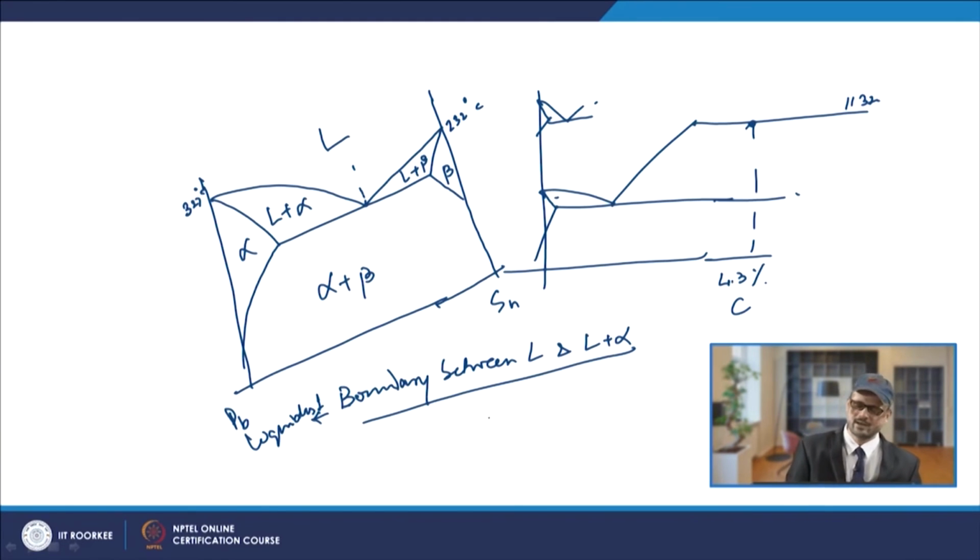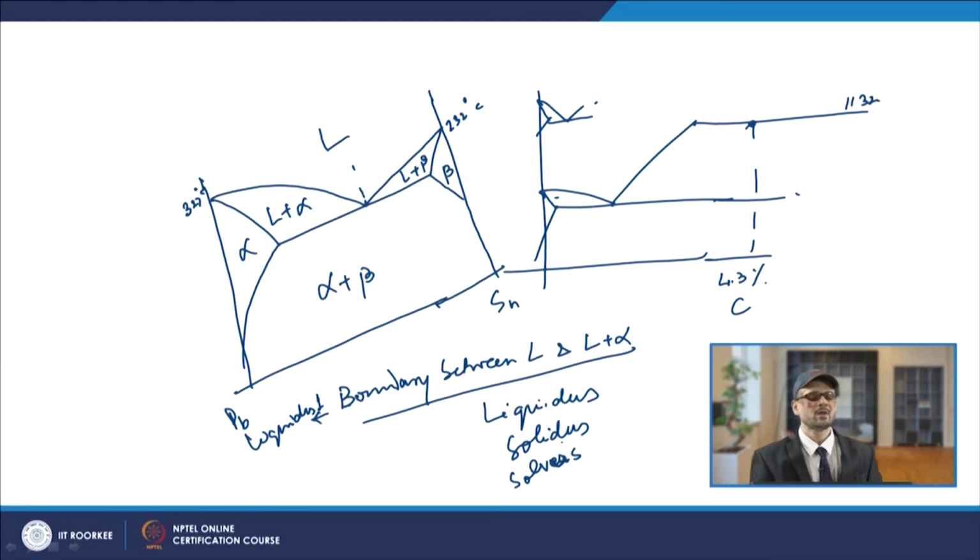The solvus line is the boundary between alpha and alpha plus beta, or beta and alpha plus beta. These lines are known as the solvus lines.